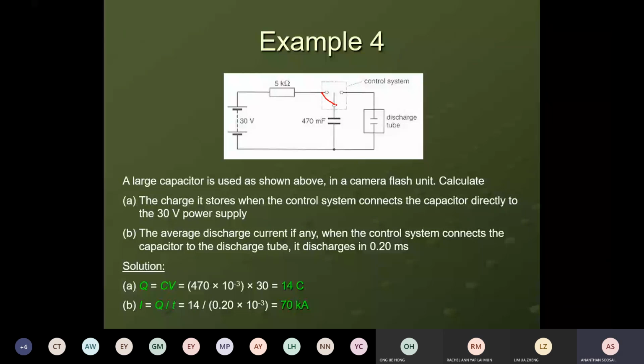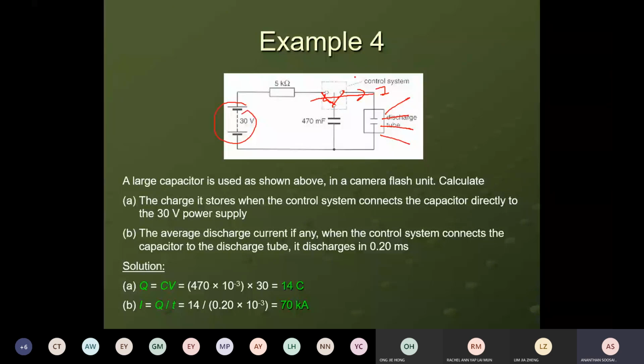once the capacitor is charged, when you press the camera button, the circuit will directly connect it to the flash. When connected to the capacitor, a huge current will flow, so you get the flash. The flash cannot connect directly to the battery.